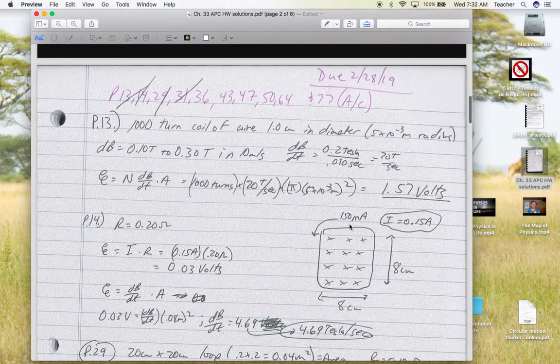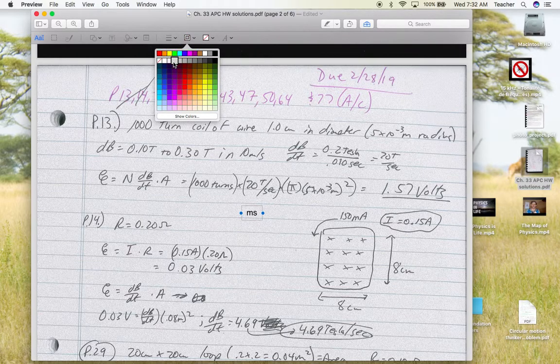For problem 13, it says a 1,000 coil loop of wire, 1 centimeter in diameter, 5 times 10 to the negative 3 meters radius. It says in 10, that should be 10 milliseconds, not meters per second.